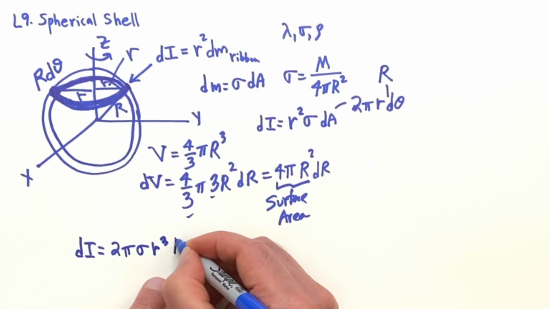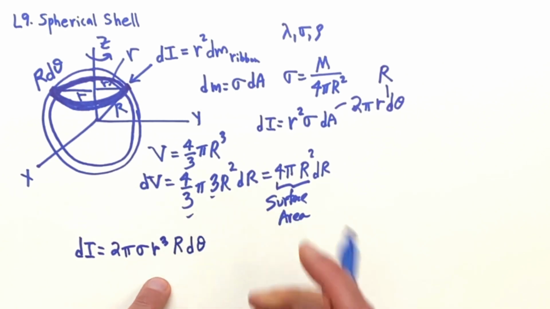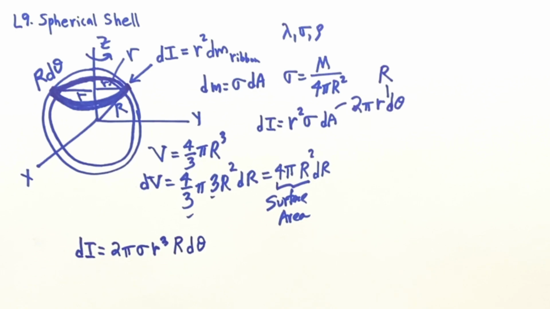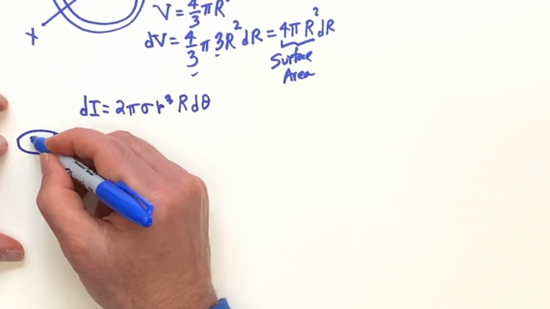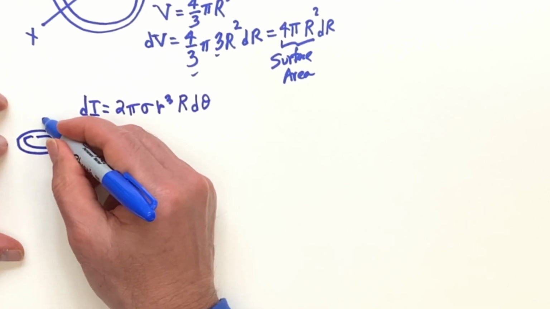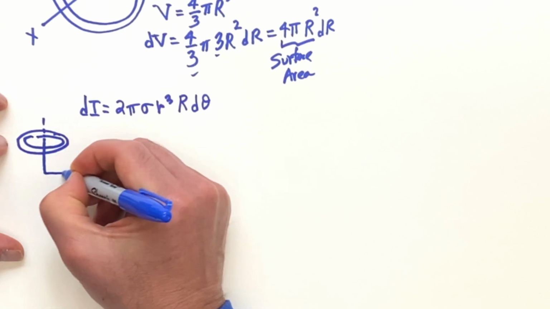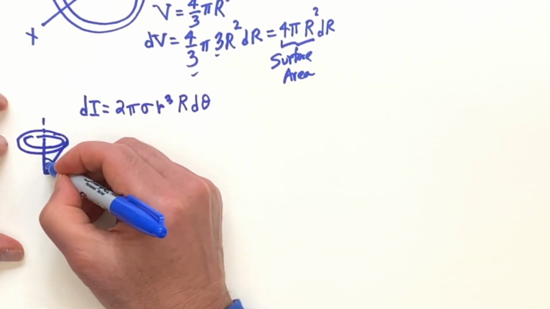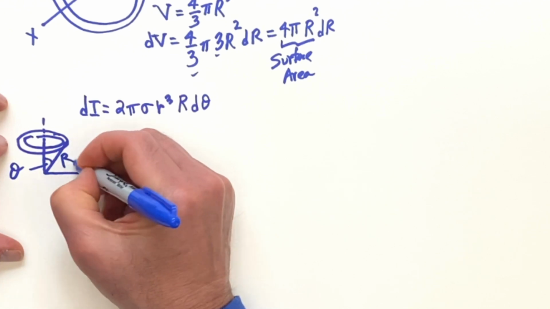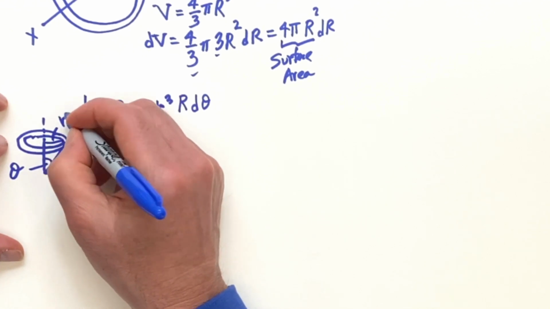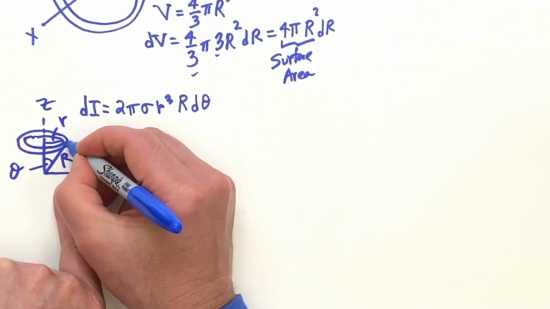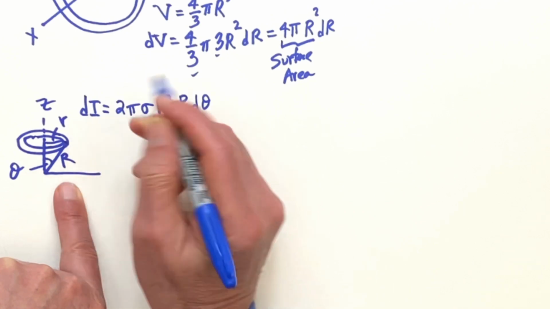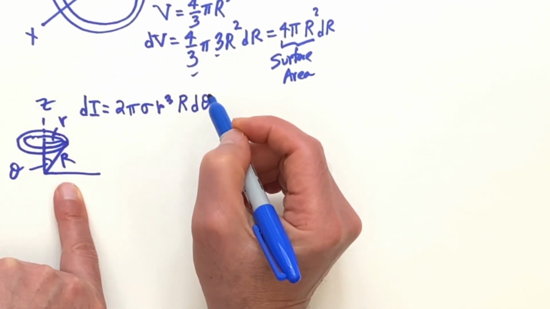And that gets us everything that we need to do the integral. So let's just remind ourselves that this little strip here has an angle theta. This is big R, and there is the little r. This is your z-axis. And your little thickness there on the slant is R d theta.